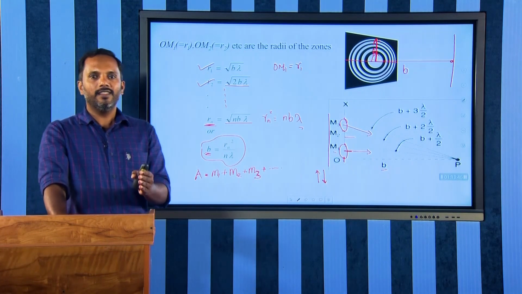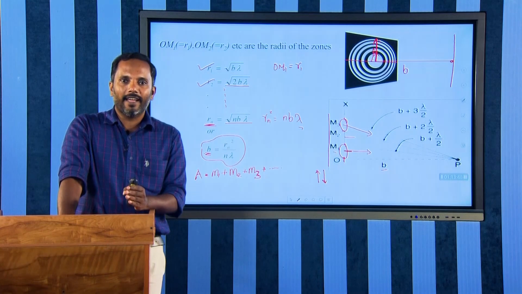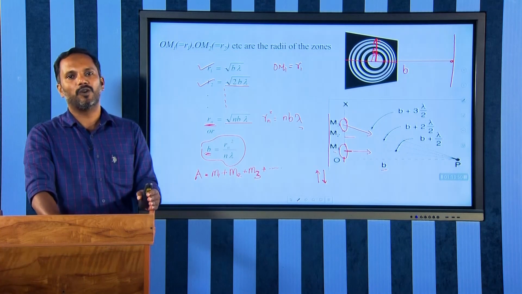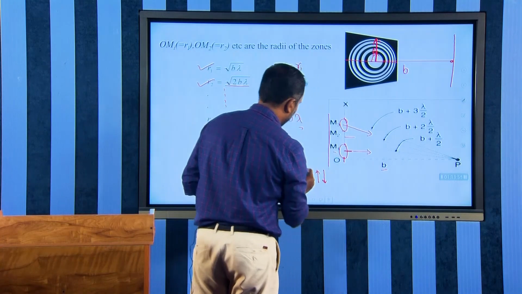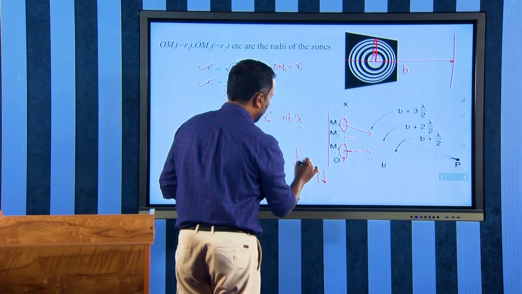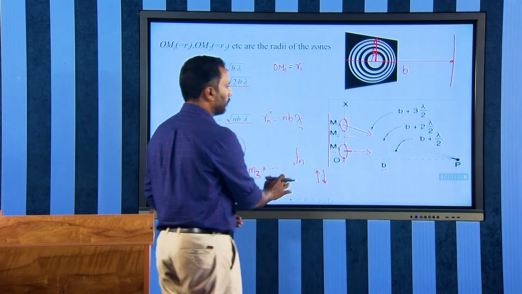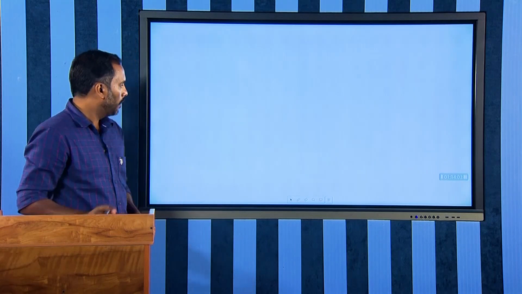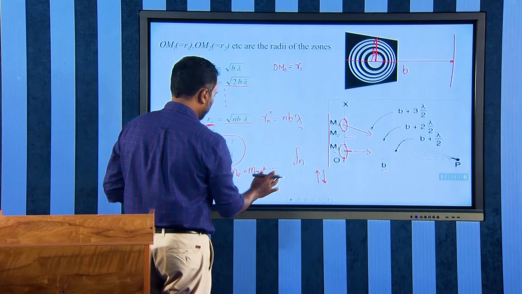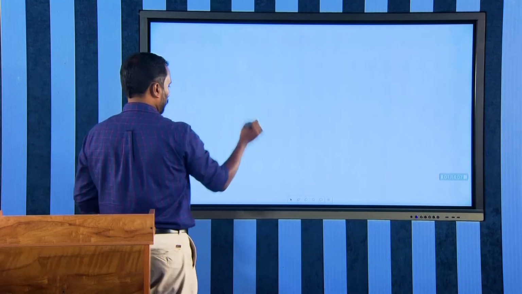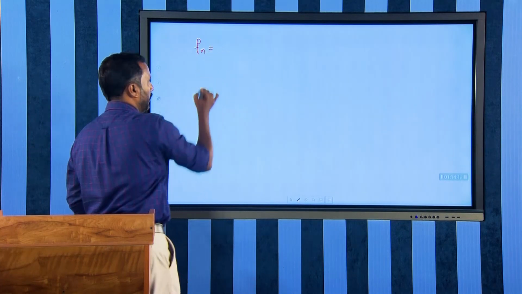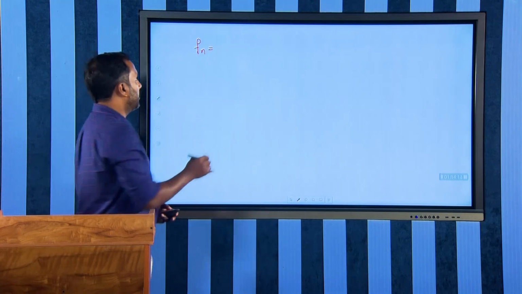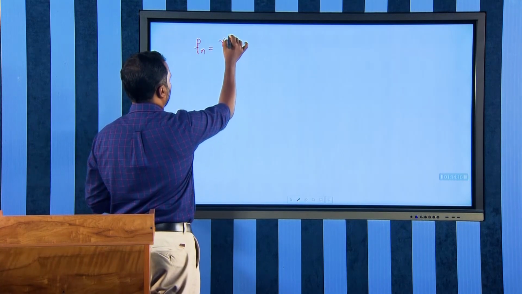Therefore, in this case the distance b can be taken as the focal length of the zone plate, which I denote with Fn. The equation for the focal length Fn is equal to Rn square divided by n lambda.